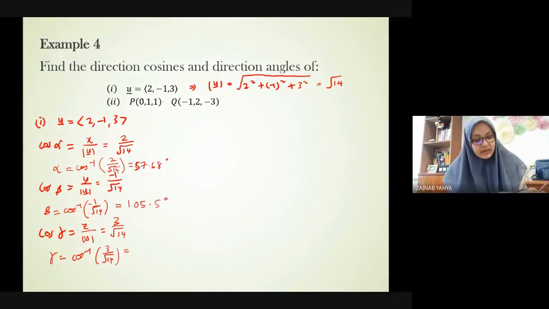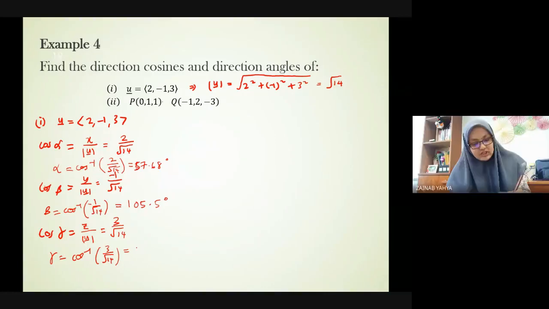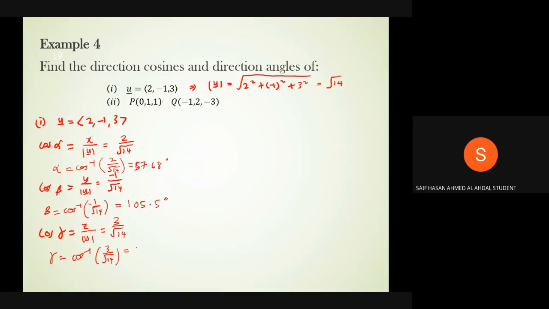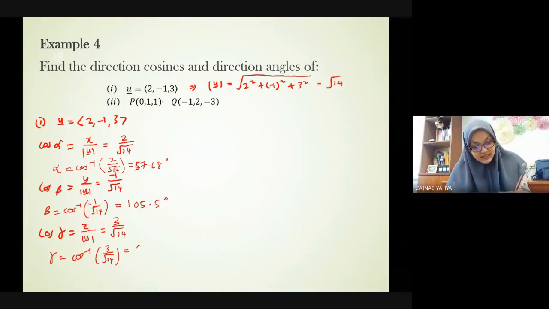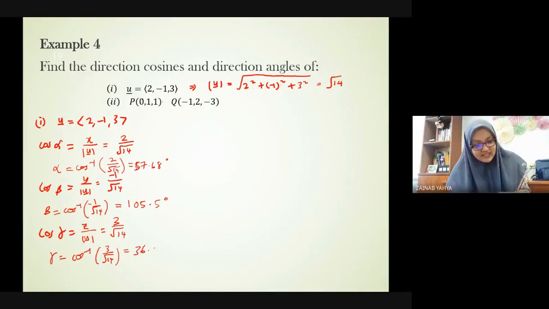Okay. Last one, gamma. 36.7. Okay, that's it. You find both the direction cosines, cos alpha, cos beta, cos gamma, and also the direction angles, alpha, beta, and gamma. So that's for the first one.